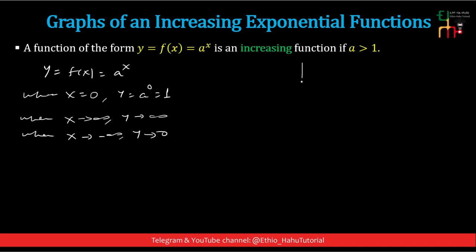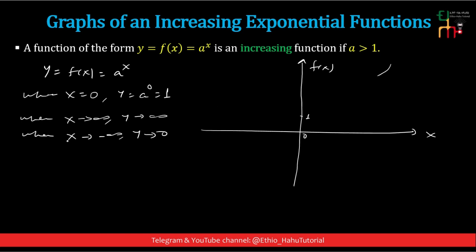To draw the graph of this function, this is the x-axis, this is f of x. When x is equal to 0, f of x is 1. When x approaches positive infinity, y approaches positive infinity. And when x approaches negative infinity, y approaches 0.